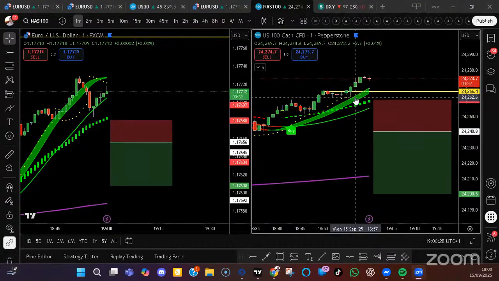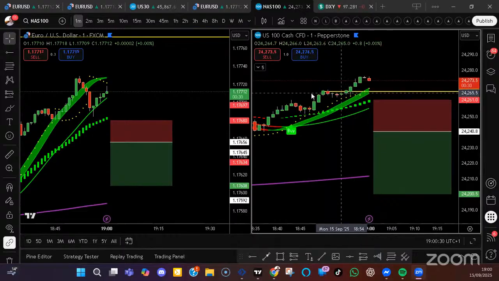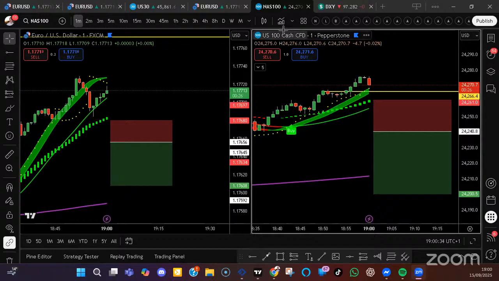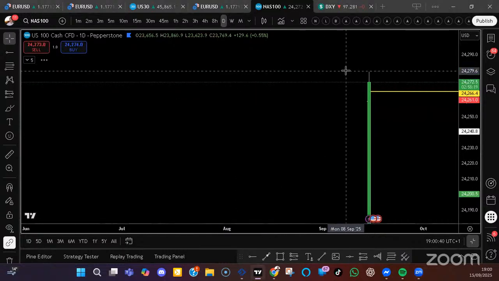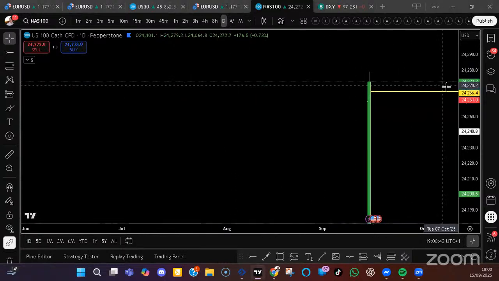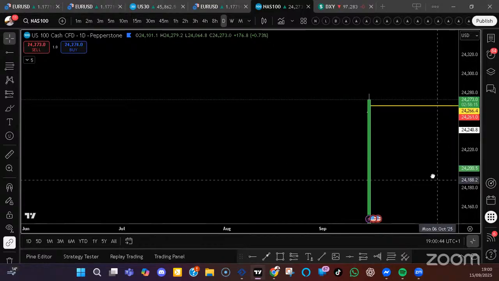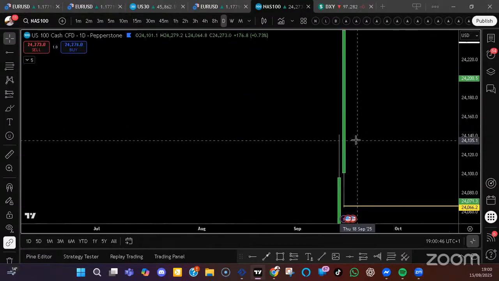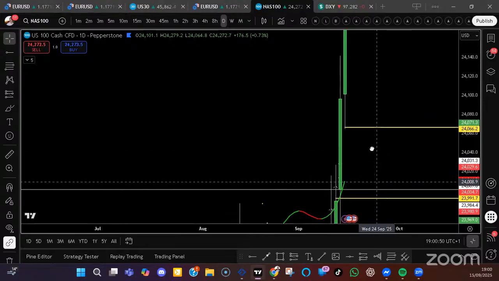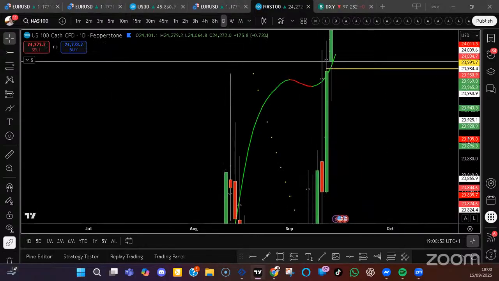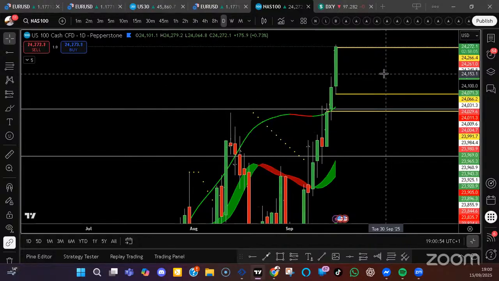Like I said, we're in the sell zone for the US 100. It's the highest it's ever been, just very, very quickly. If I go on the daily, that is the highest it's ever been, the US 100. Look at all that imbalance down there. And there, needs to be filled. It's got a long way to go down.